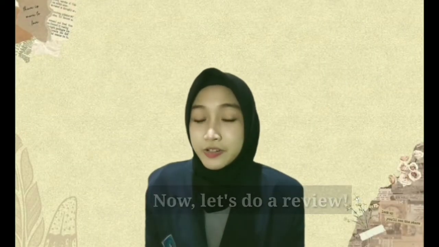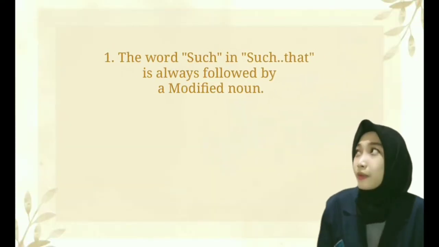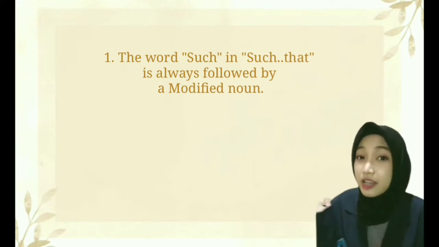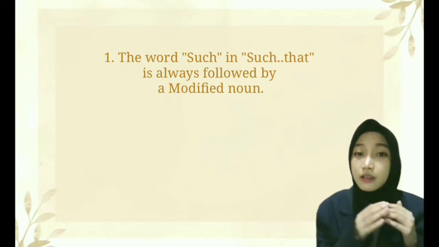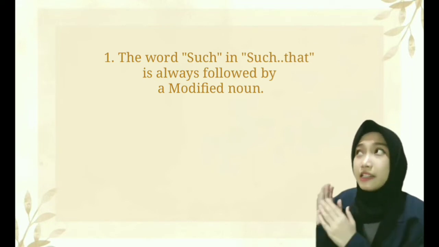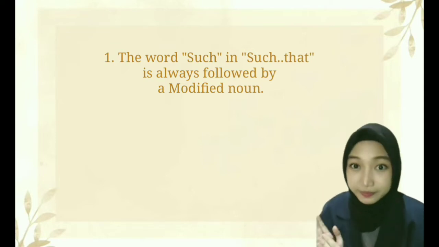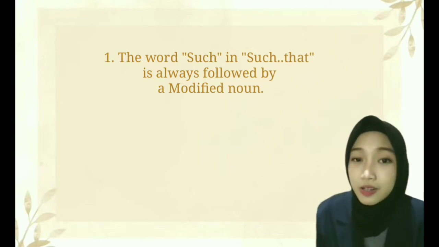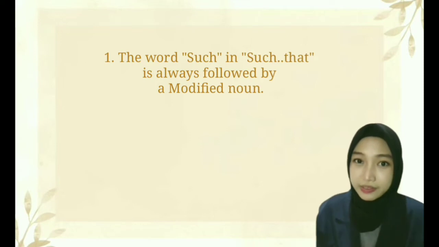Okay, now let's do a review to make sure that you really have understood all the materials that I have explained before. Let's go. So for the first one, the word such in such that is always followed by an adjective plus noun, or you can also call it a modified noun or a noun phrase.